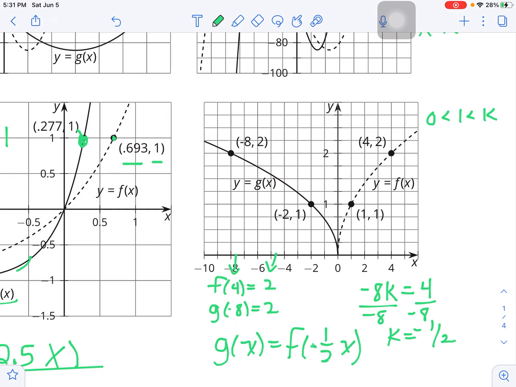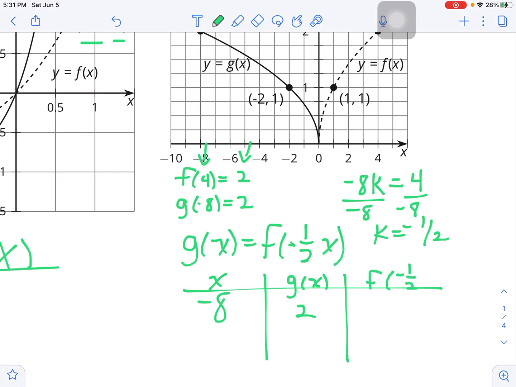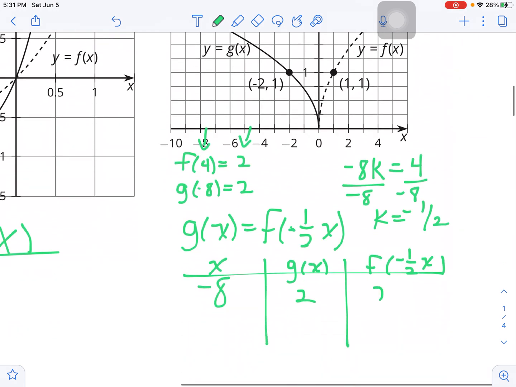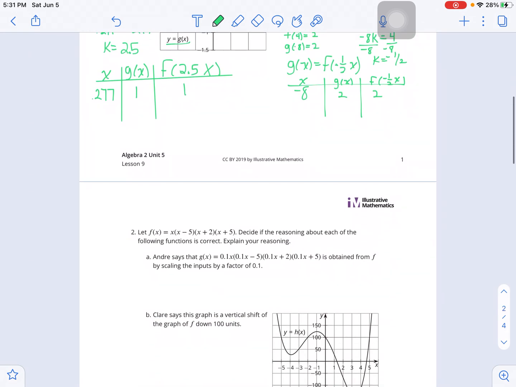So if I put, again, negative 8 in for x, if I show my tables here, then g of x is going to be 2, but f of negative 1/2 x, which would be f of 4, we know that's 2 then. So kind of a different way of looking at it too.